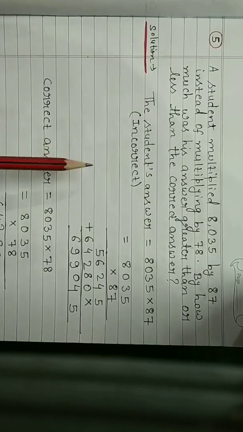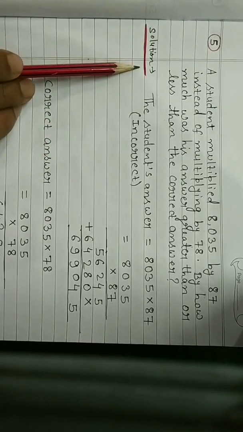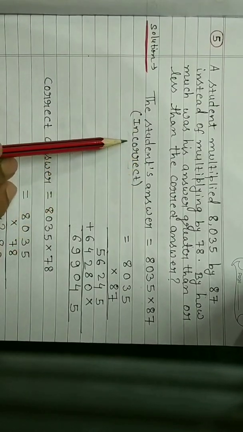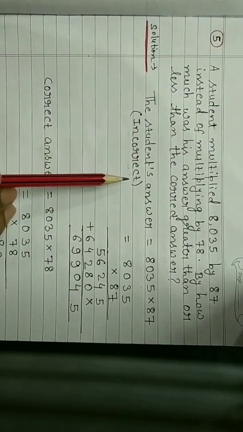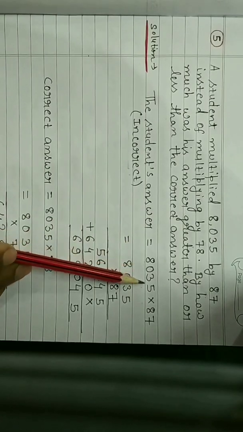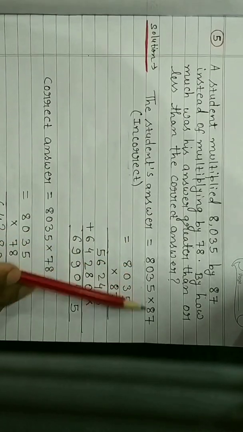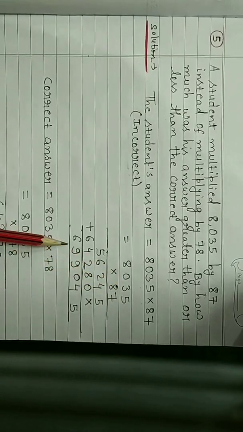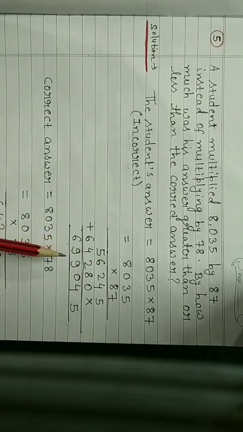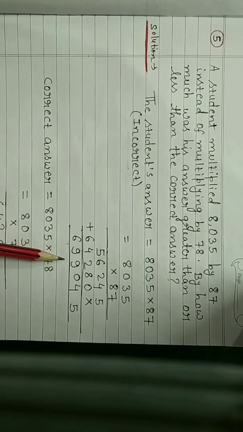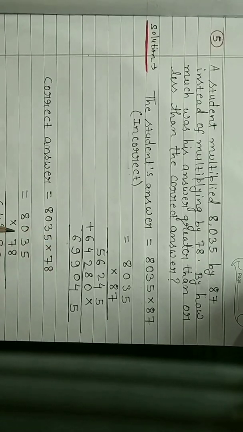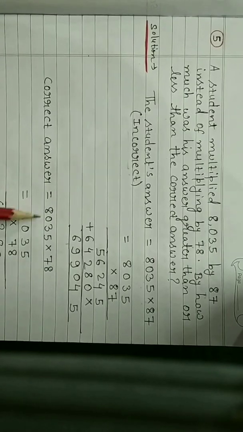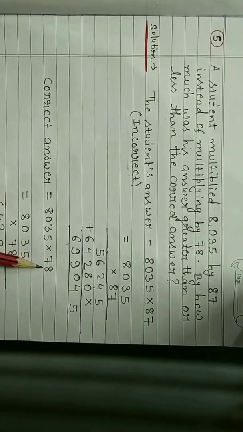So first we will write here in the solution the student's answer, which is the incorrect answer. Okay, so 8,035 multiplied with 87. So after multiplication the answer is 6,99,045. But the correct answer will be 8,035 into 78.